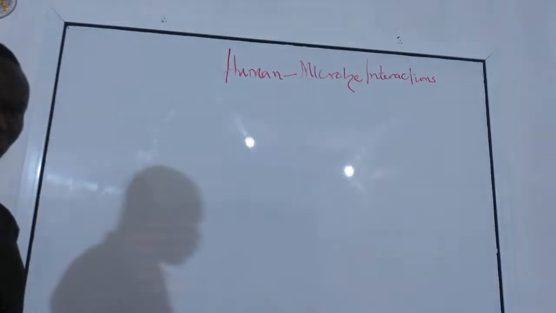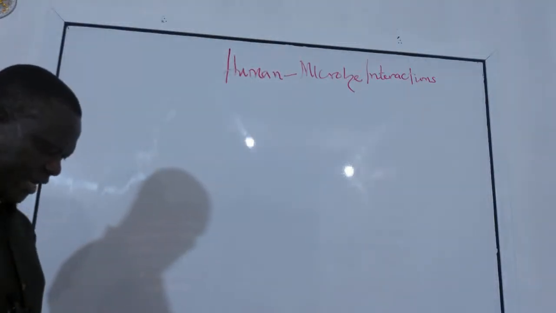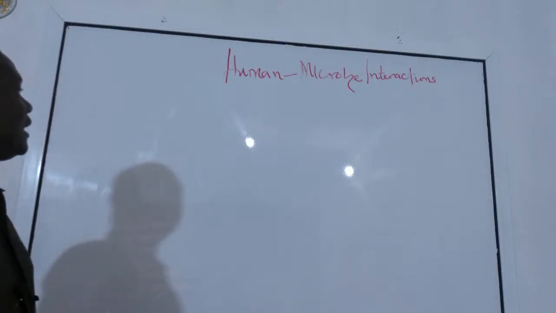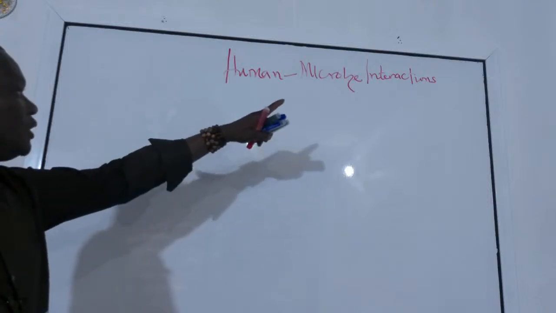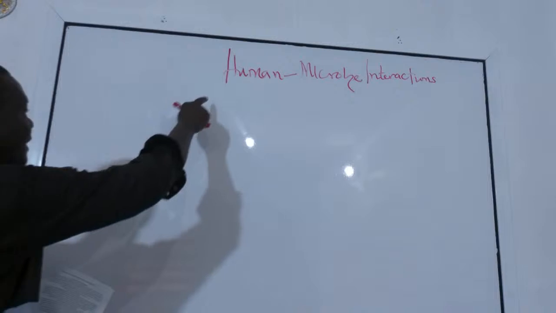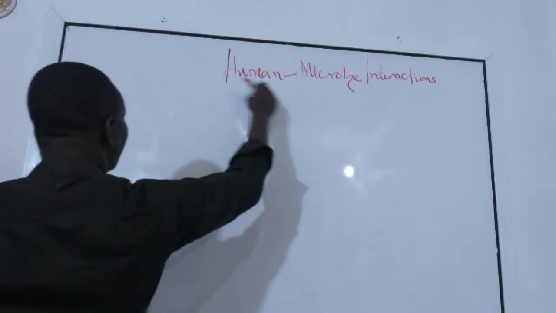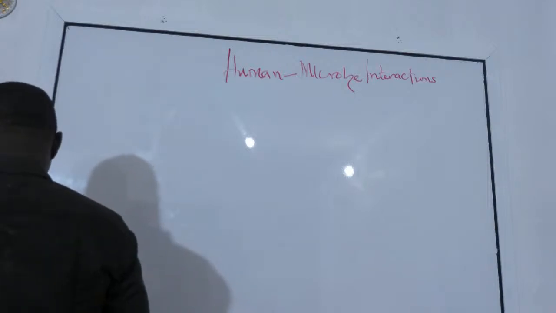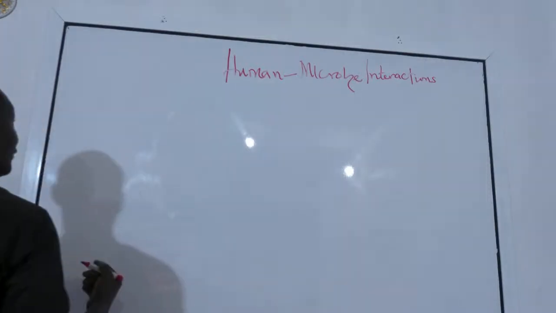That is, what role do they play? And I told us that in each case of a human microbe interaction, examining the roles played by each of these will give us different types of case study.